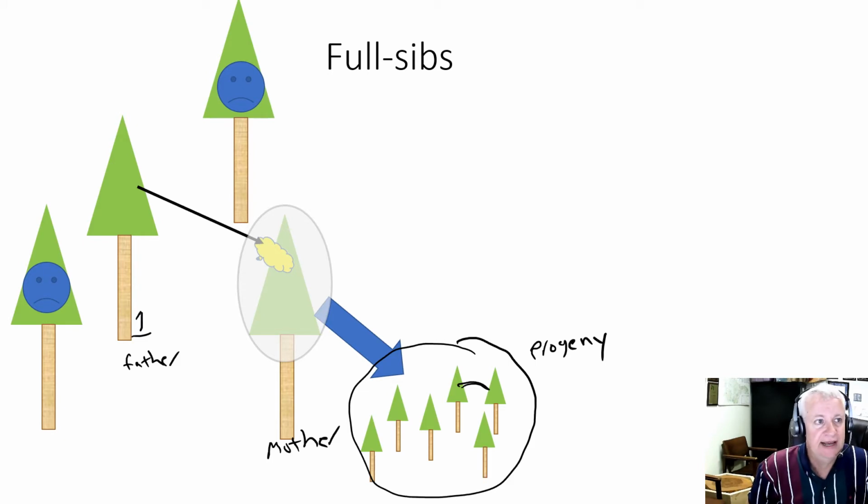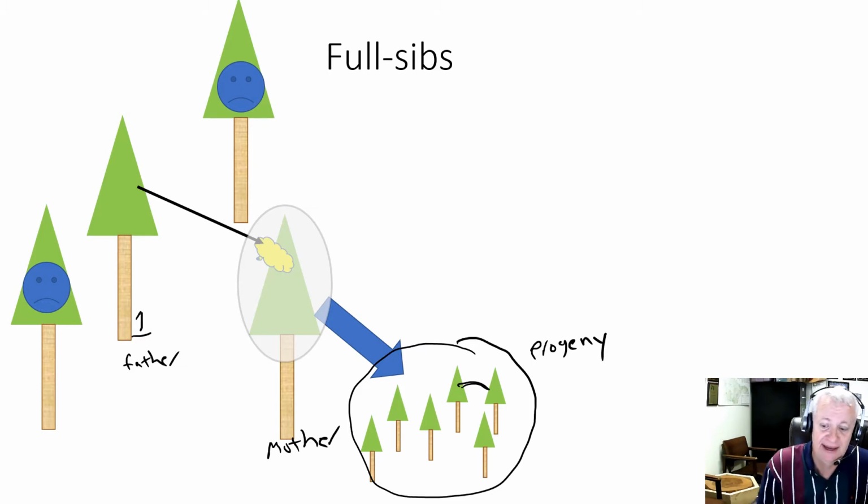Now, half-sibs and full-sibs are a common relatedness, and you can buy, for instance, seedlings that are either half-sib offspring progeny or full-sib progeny. Full-sib progeny, if you buy them, are more expensive because it's more expensive to produce those.